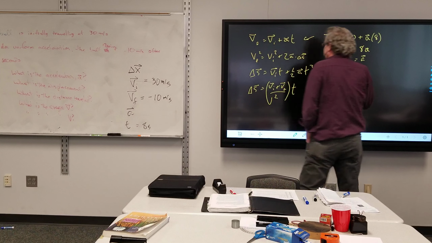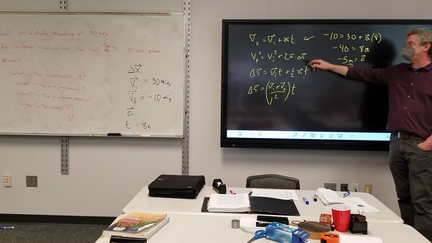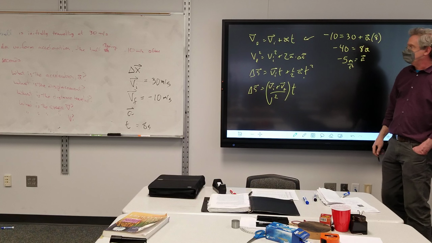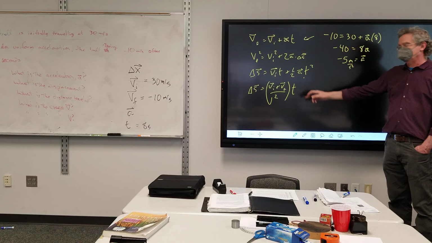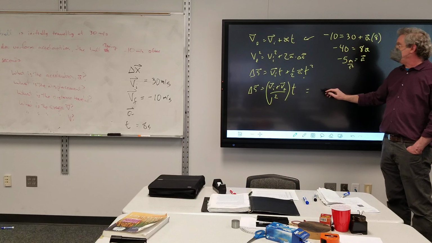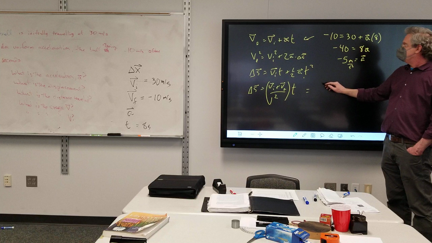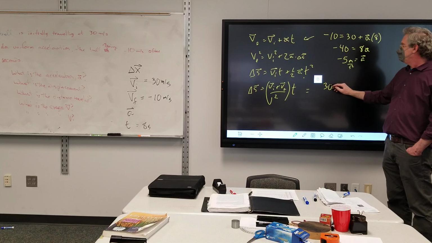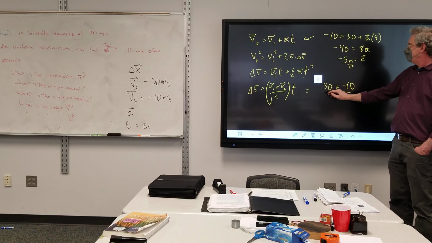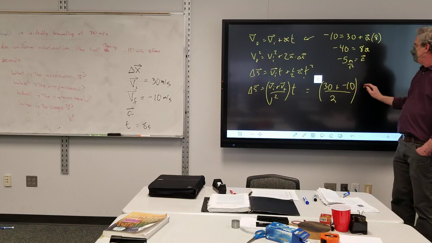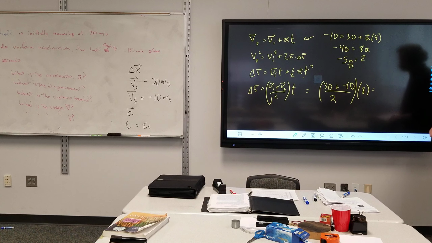Displacement. We now have acceleration, so we actually could use any of these three, but let's go for this one. Displacement is VI, 30, plus VF over 2 times 8. I think somebody just said it.